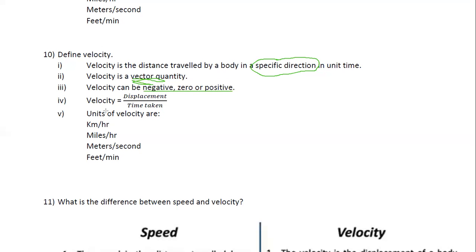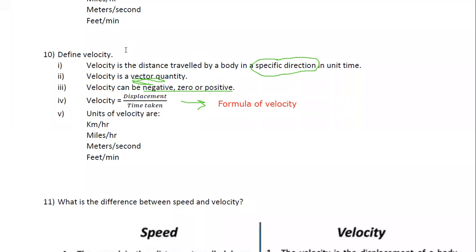Okay, so what is the formula of velocity? The formula of velocity is displacement divided by time taken. This is the formula of velocity. Velocity is equal to displacement divided by time taken.